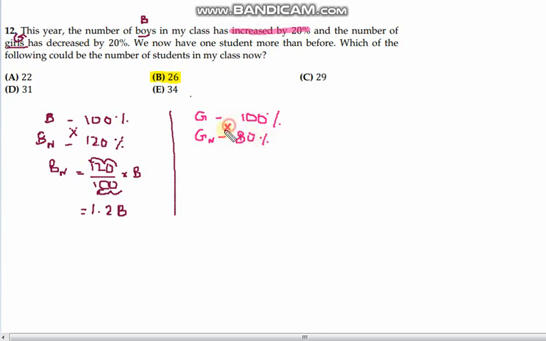Now cross multiplying, we have the new number of girls is 80% of the original number of girls, that is 80% of G. Moving back to decimal places, we have 0.8G. So now we know that the number of students in our new class is 1.2B, the new number of boys, plus 0.8G, the new number of girls.